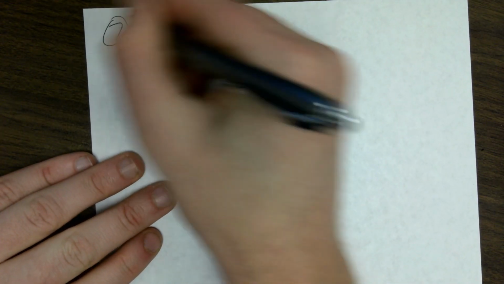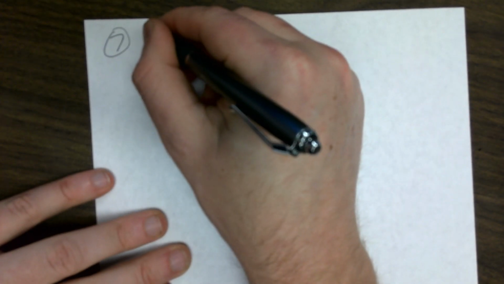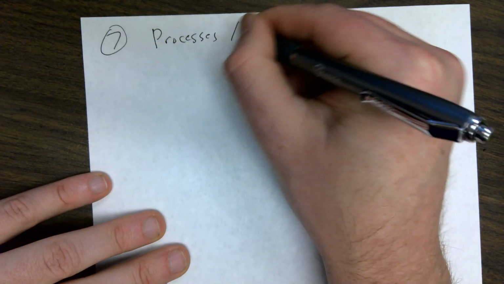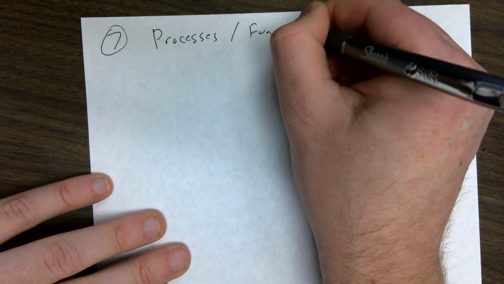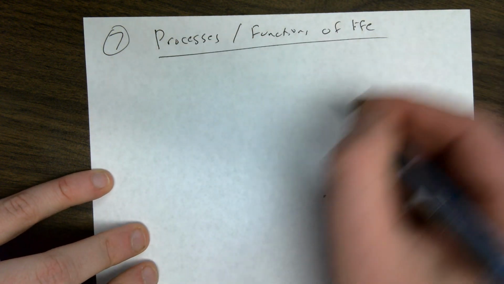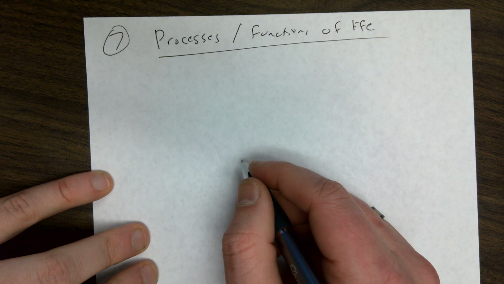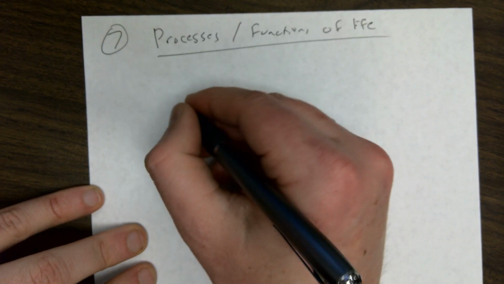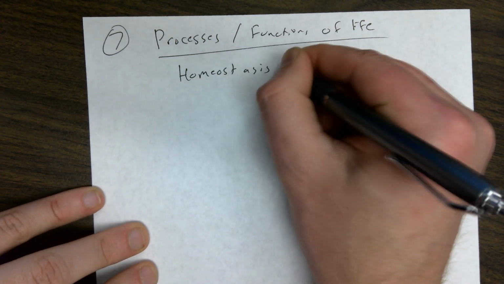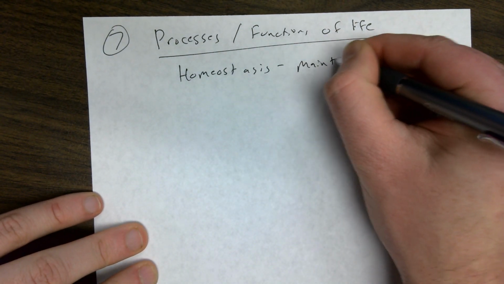Processes of life. Now we just go processes or functions of life. What do we got going on? Homeostasis: maintaining internal balance.